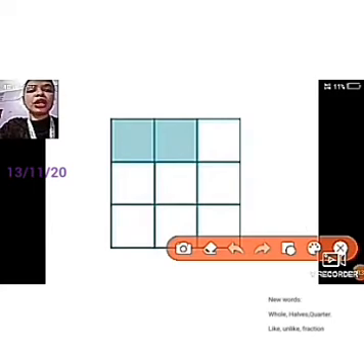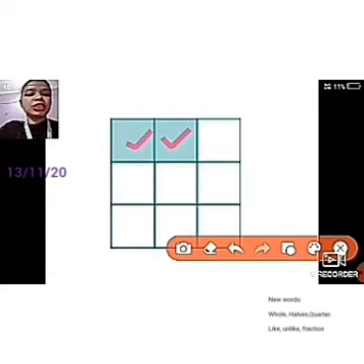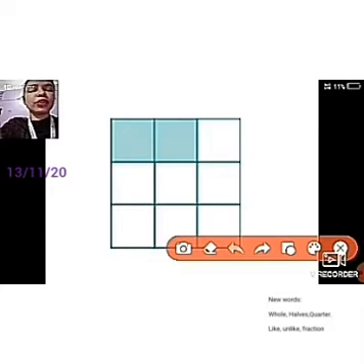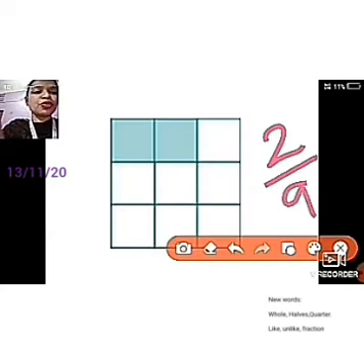Now I'll write for the shaded and unshaded parts. How many parts are shaded? 1 and 2, isn't it? So this part and this part are shaded. For the shaded part in terms of fraction, I will write 2 by 9, because 2 parts are shaded out of 9.